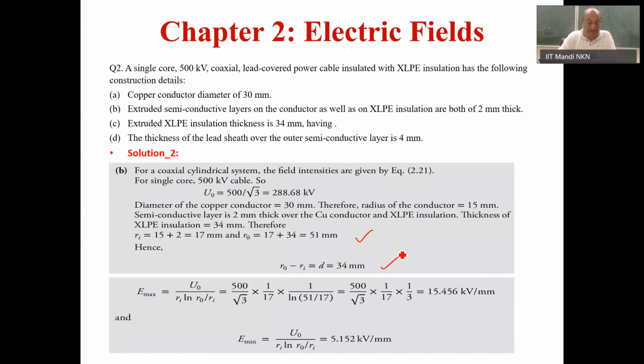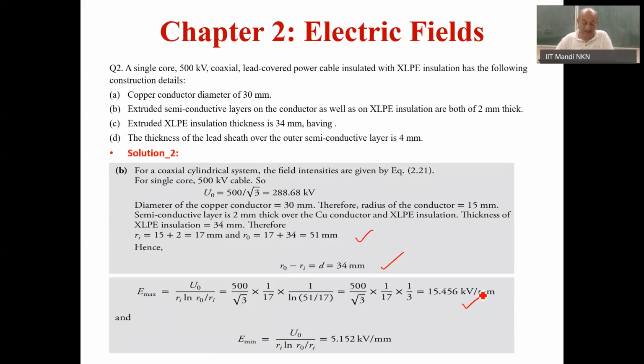When you put the values, 500 divided by root 3, 1 by 17, and 1 upon ln 51 by 17, that works out to be 15.456 kV per millimeter, Emax.